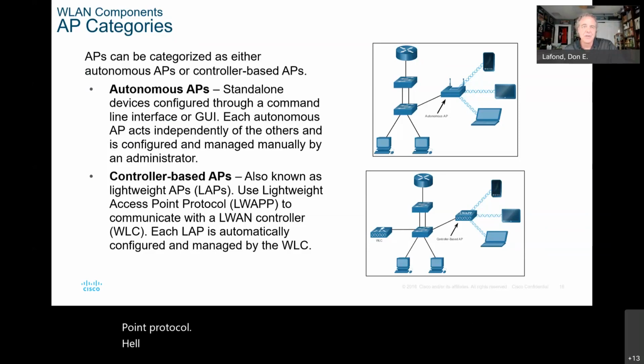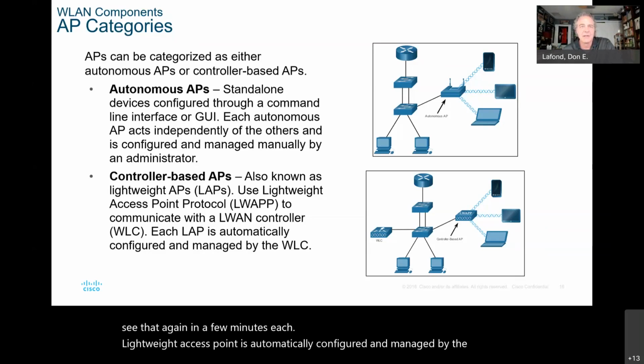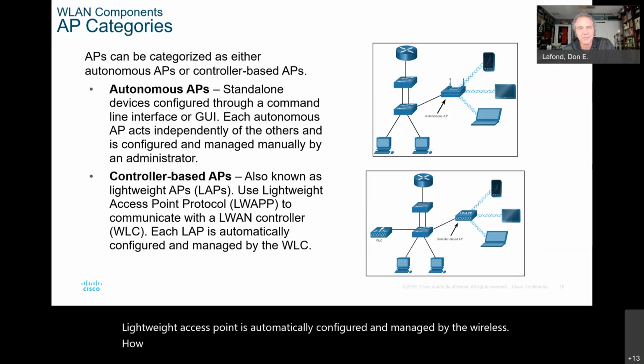Controller-based APs, also known as lightweight APs, LAPs, use lightweight access point protocol, LWAPP, to communicate with the wireless LAN controller. Wireless LAN controller, WLC, we'll see that again in a few minutes. Each lightweight access point is automatically configured and managed by the wireless LAN controller.